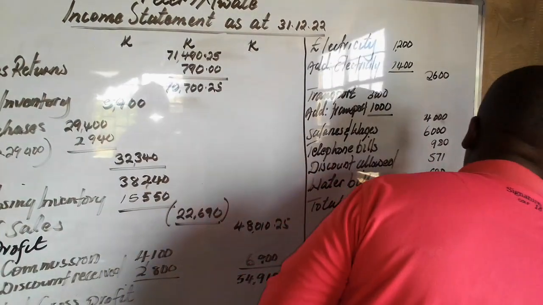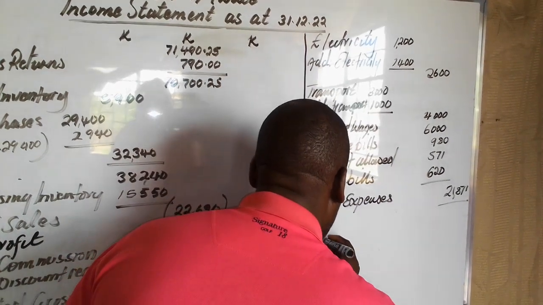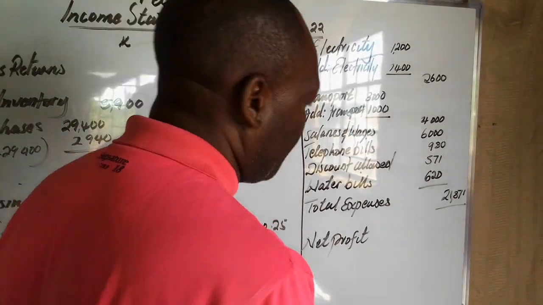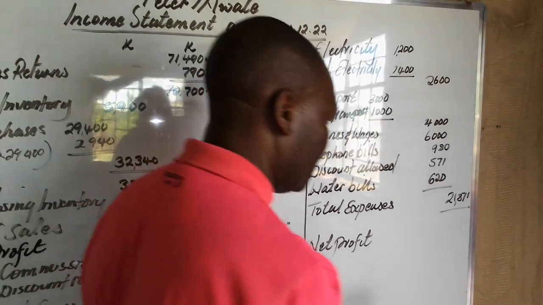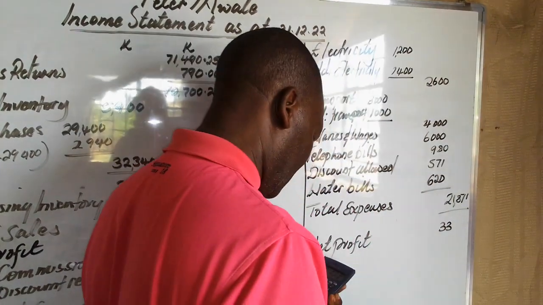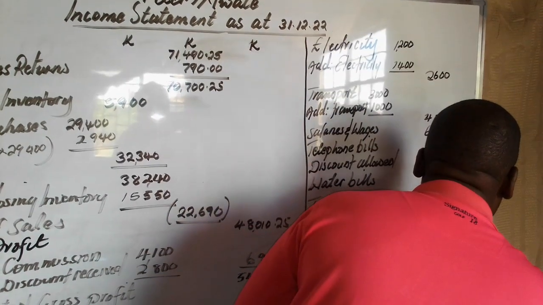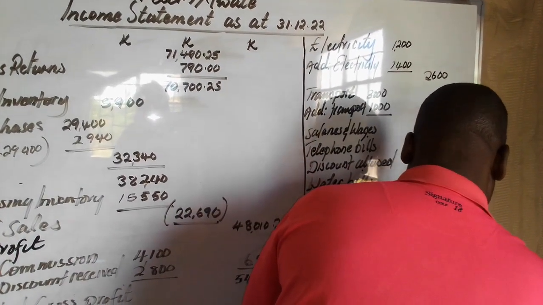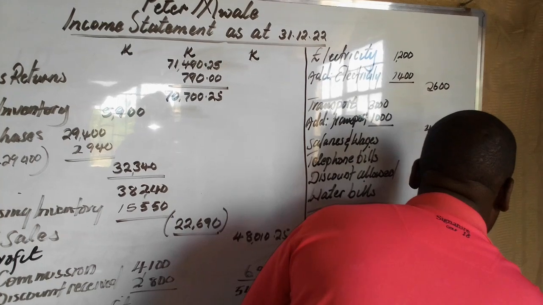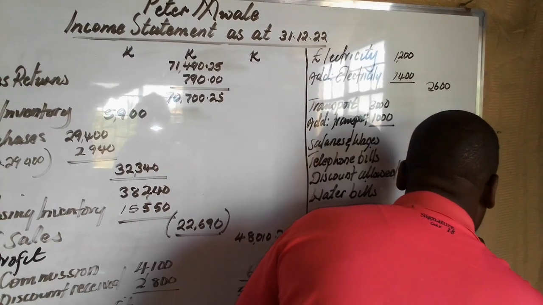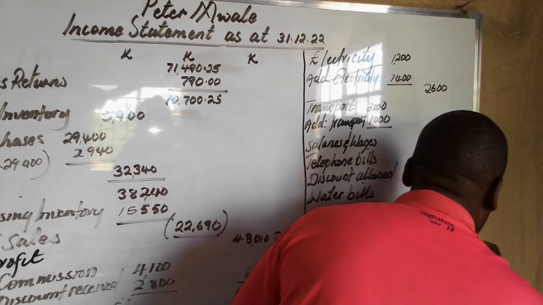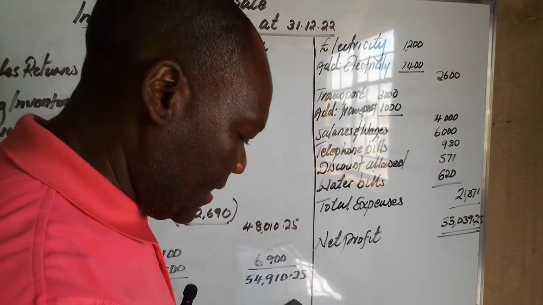Okay, so the net profit that we get, the net profit that our sole trader Peter Mwale made, is 33,039.25. So this is our net profit.